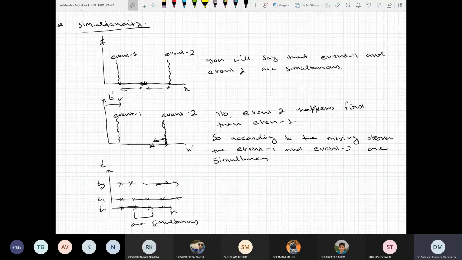Will the two lightning flashes appear simultaneous to you? No. Exactly. So that's the second statement: the two events which are simultaneous in your coordinate system, the rest coordinate system, may not be simultaneous in the moving coordinate system.